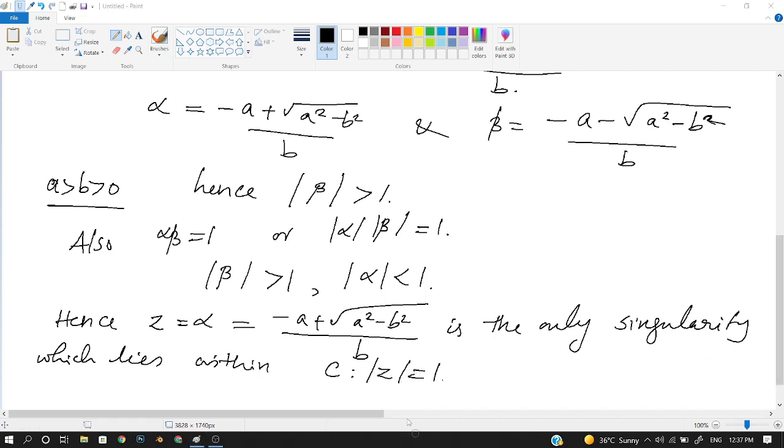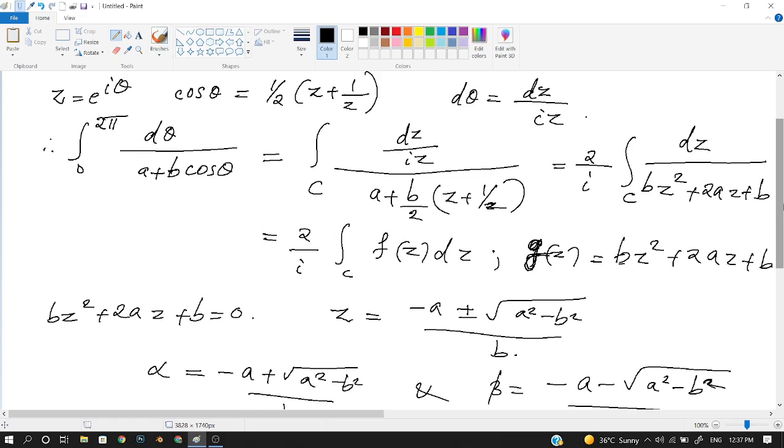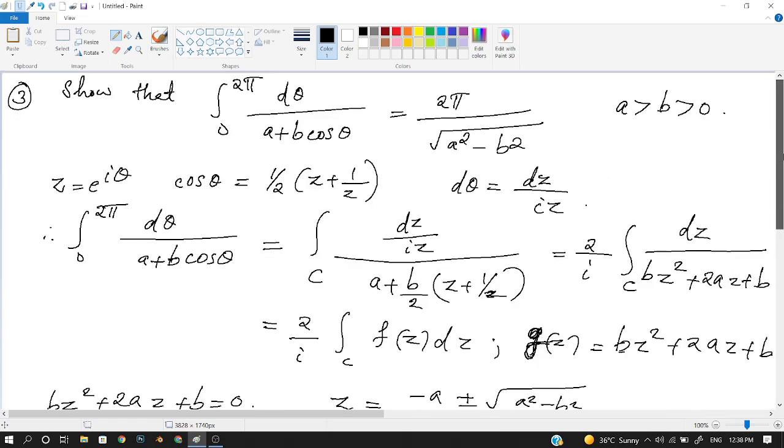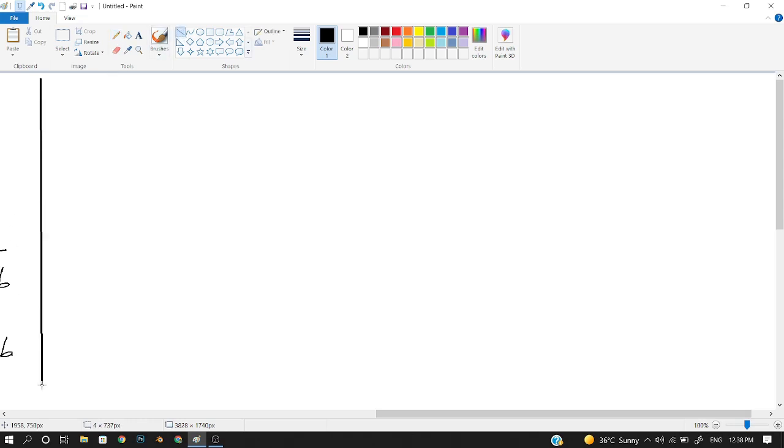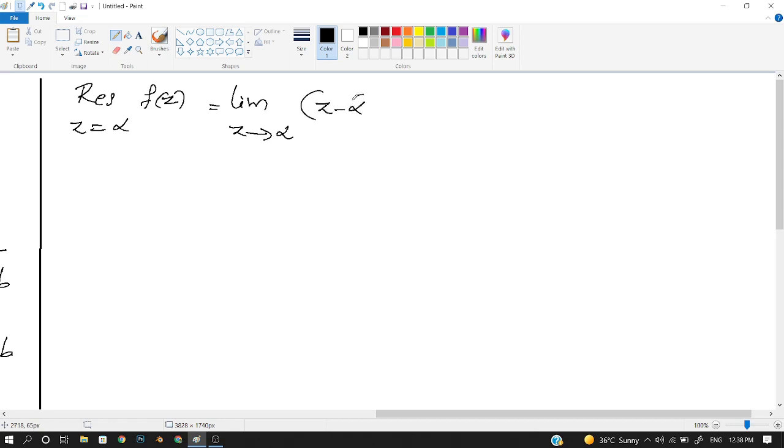Now we can calculate the residue of the given function at z equal to alpha. Okay, so the residue of the function f of z at z equal to alpha is the limit as z tends to alpha of z minus alpha into f of z.